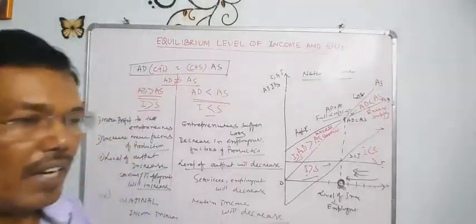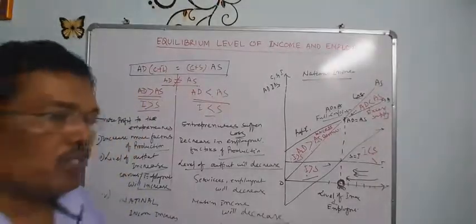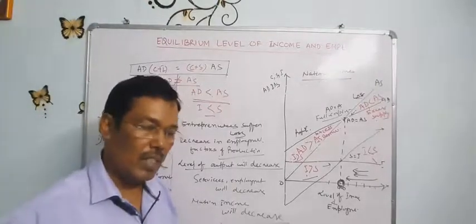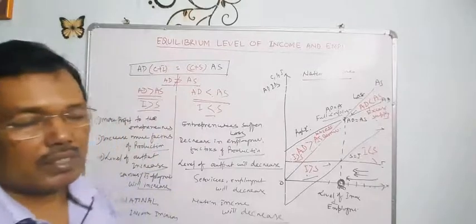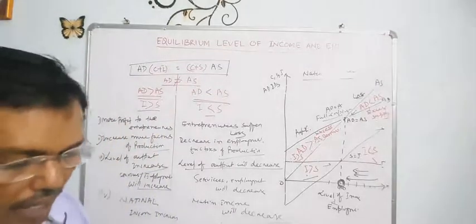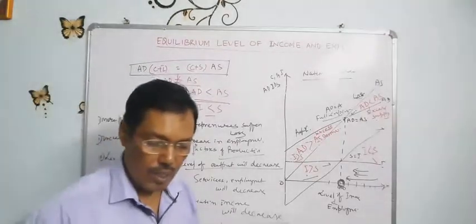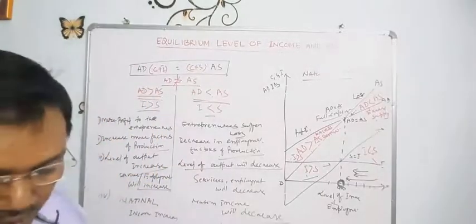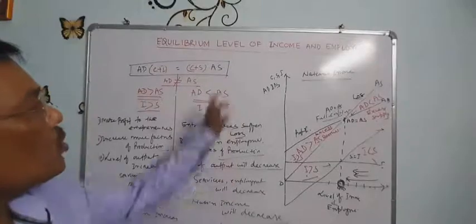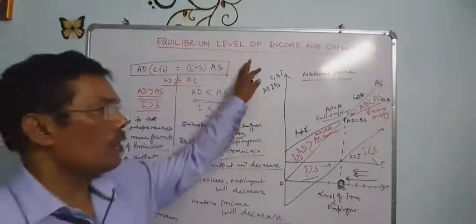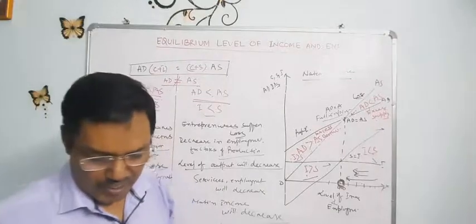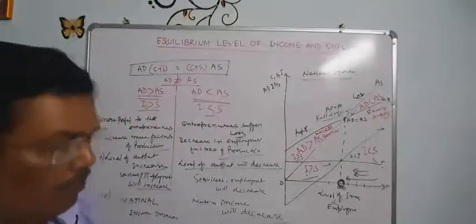When a country intends or makes a plan, that is called planned. Ex ante saving and ex ante investment, ex post saving and ex post investment, I will discuss in the next period. But you know that this is the situation of the equilibrium level of income and equilibrium level of output. So, Keynes' theory, a brief resume.